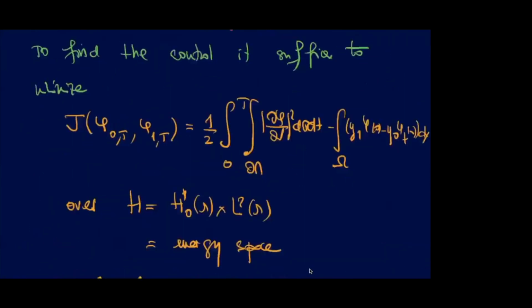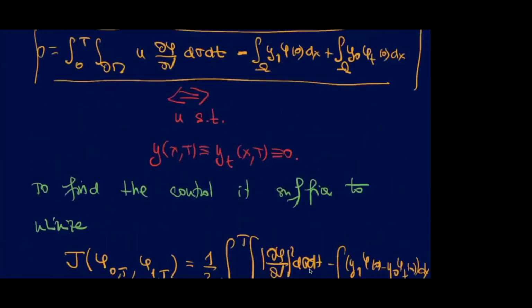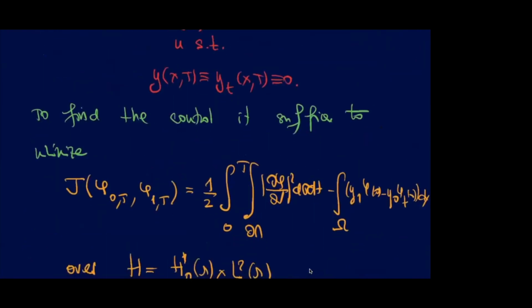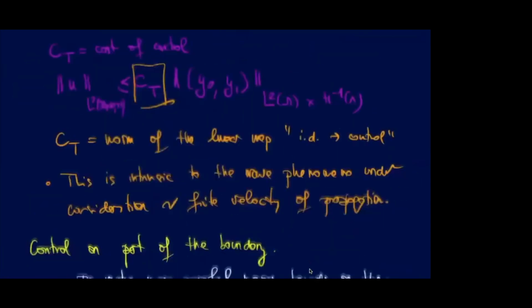It was this functional, in which there was a quadratic part that was precisely the key, using the normal derivative of the adjoint to compute the controls. What will be the difference now when I am controlling just on the boundary plus? Well, there is not much difference.